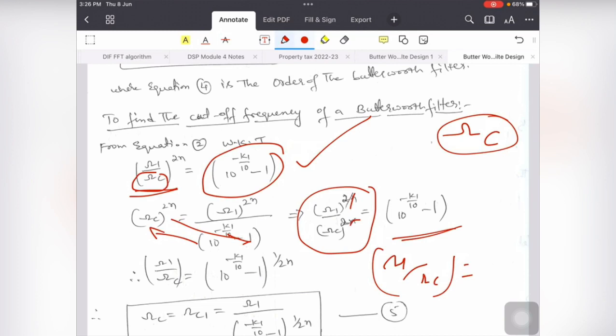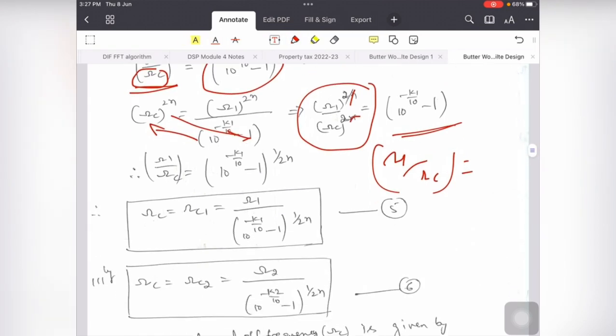But I require only omega c, so I will bring this to the denominator. So omega c, which is omega c1, is equal to omega 1 divided by (10^(-k1/10) - 1) whole power 1 by 2n.